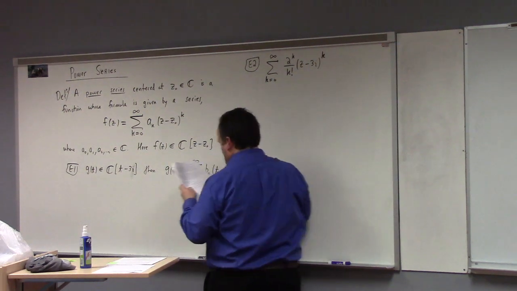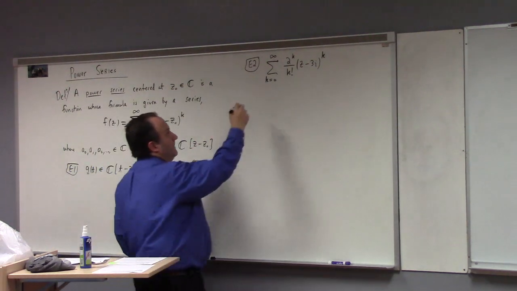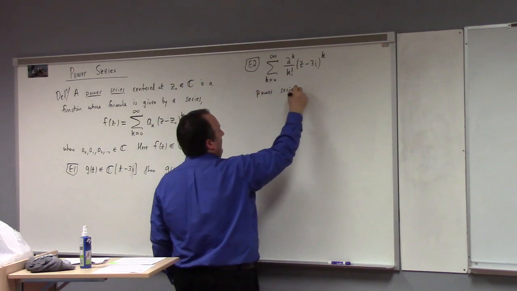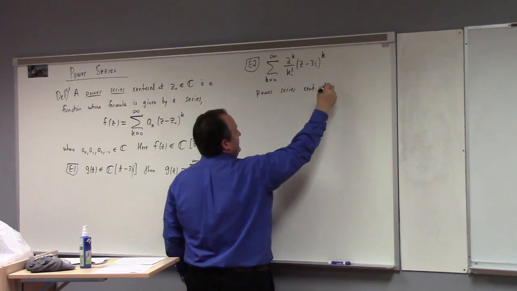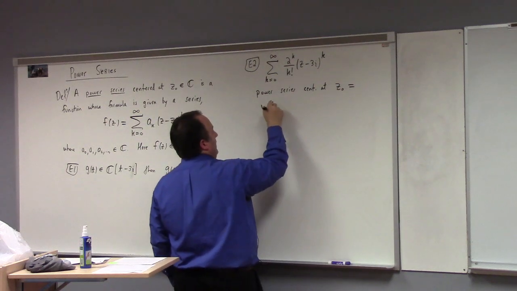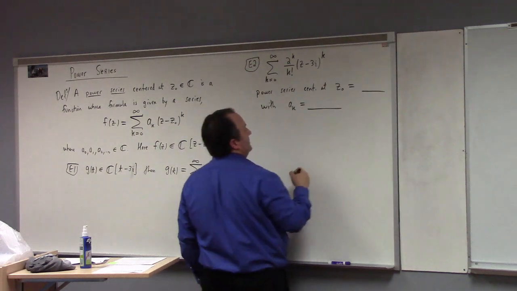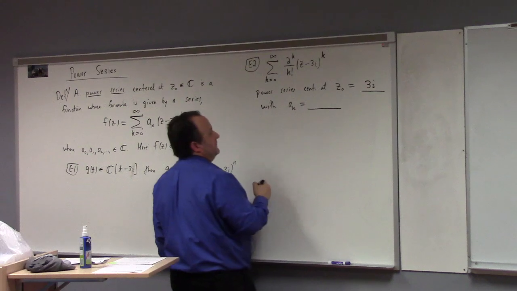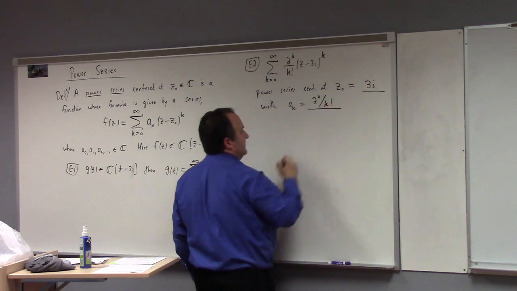This would be a power series, centered at z naught equal to what? With coefficient a k equal to what? So the center is 3i, and the coefficients in this case are 2 to the k divided by k factorial.